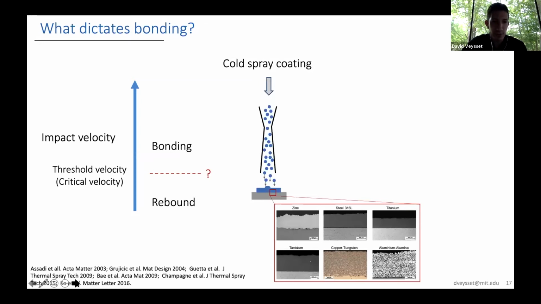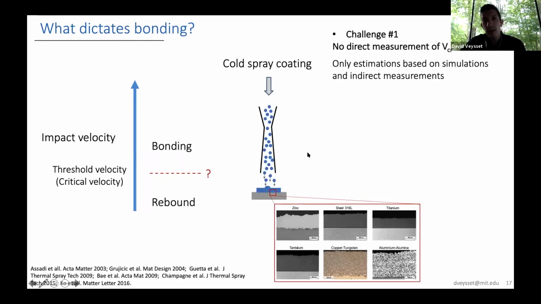The challenge so far is that there hadn't been any direct measurements of this critical velocity because of the lack of experimental methods, and critical velocity estimations were based on simulations, indirect measurements and statistical analysis on multiple particle experiments.